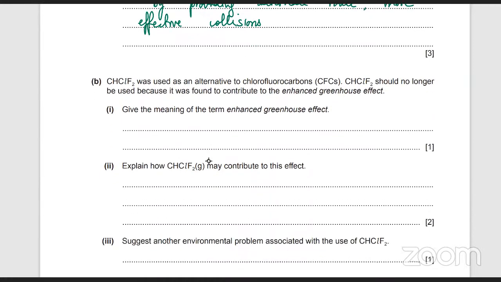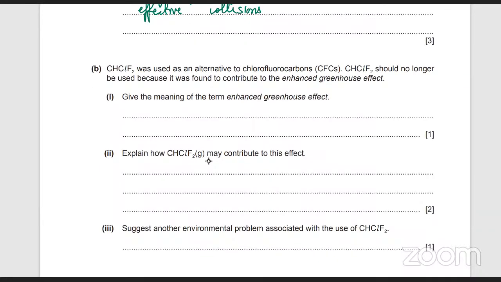CHClF2 was used as an alternative to CFCs. CHClF2 should no longer be used because it was found to contribute to the enhanced greenhouse effect. So what is the enhanced greenhouse effect? Well, what is the greenhouse effect?